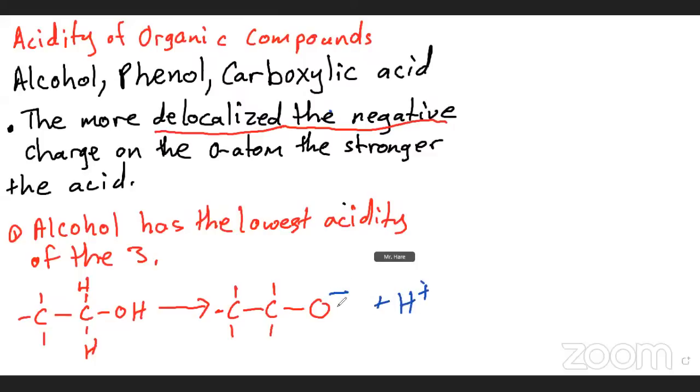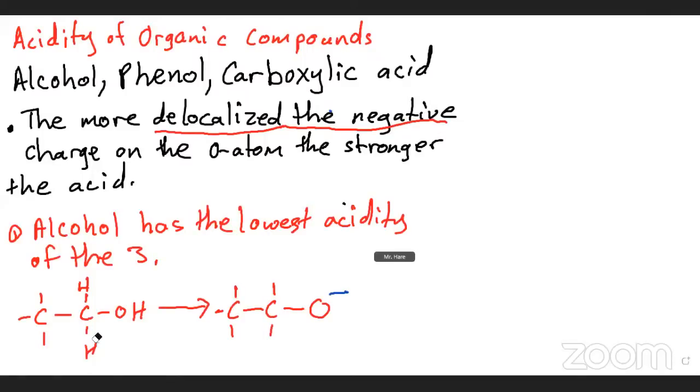For a solution to be acidic, hydrogen ions must be present. So if the hydrogen ions are easily taken back to form the molecule, the solution cannot be acidic. So on the exam, I give you 3 compounds.